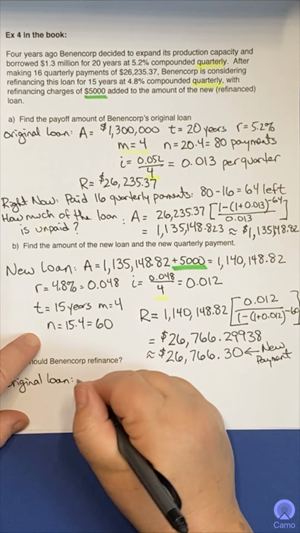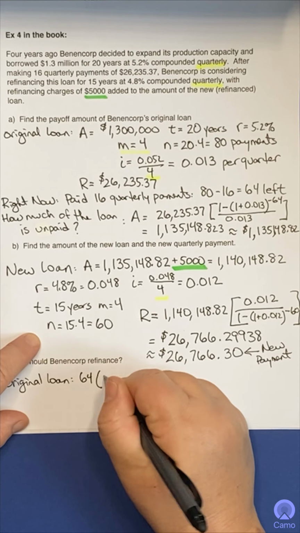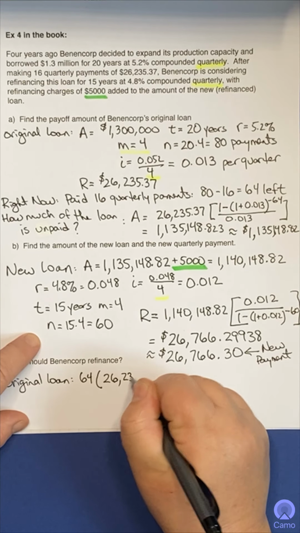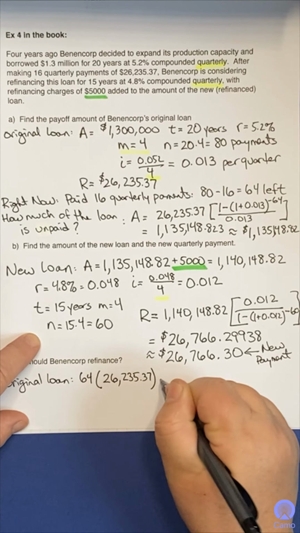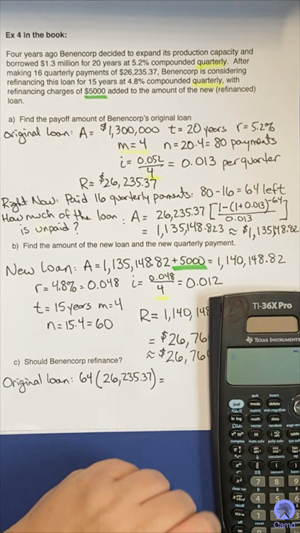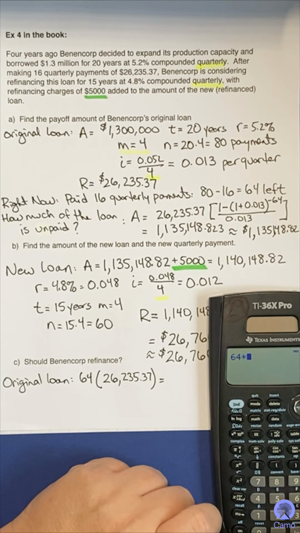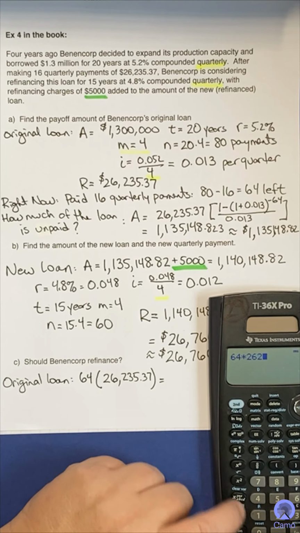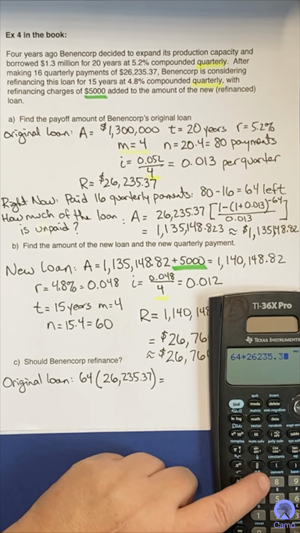we had 64 payments left at $26,235.37. And so that would have been a total of 64 times 26,235.37.